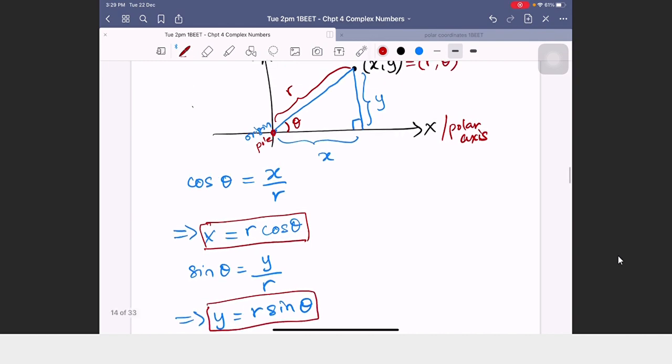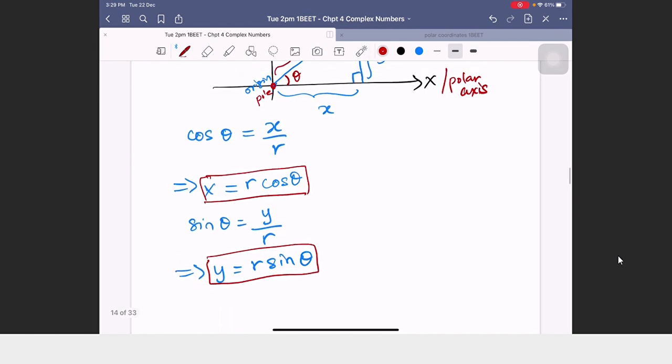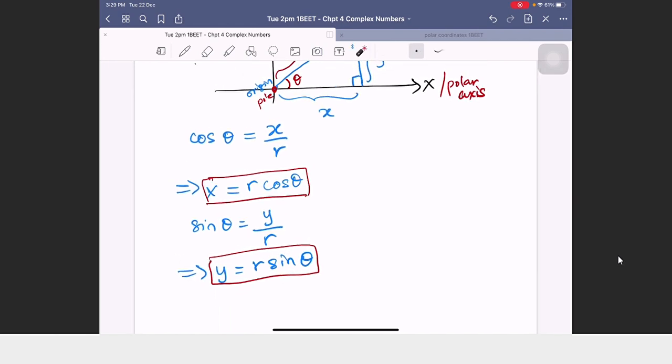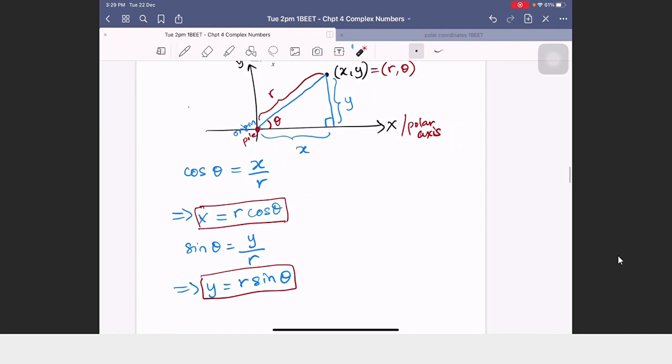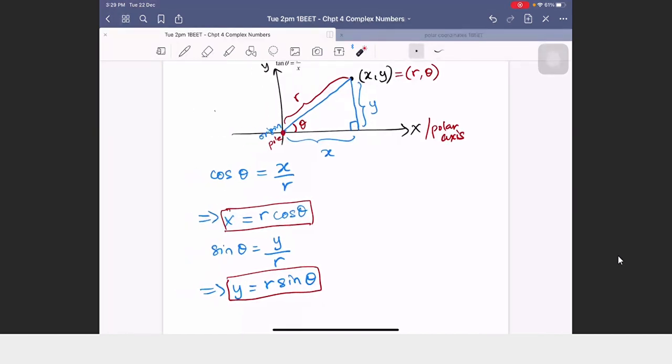So from here, we got two relationships between rectangular and polar: x equals r cos theta, and y equals r sine theta. What about if now I want to define my polar in terms of rectangular?